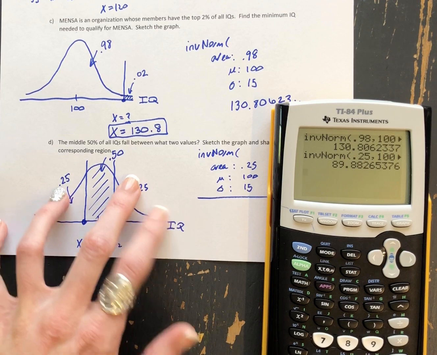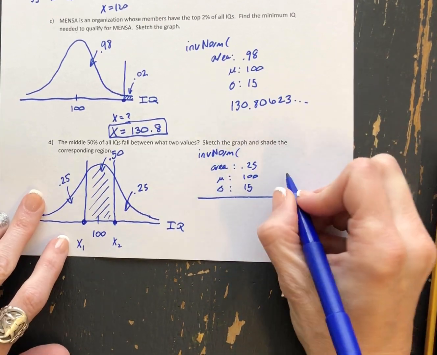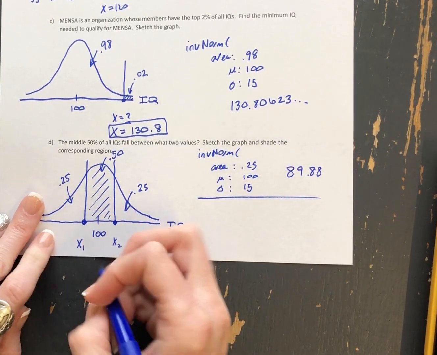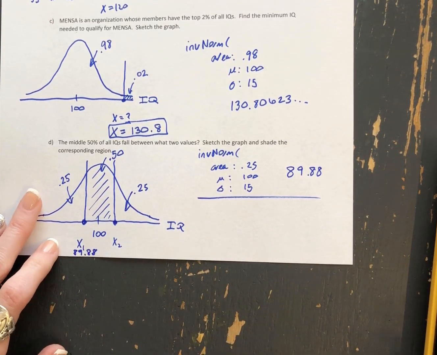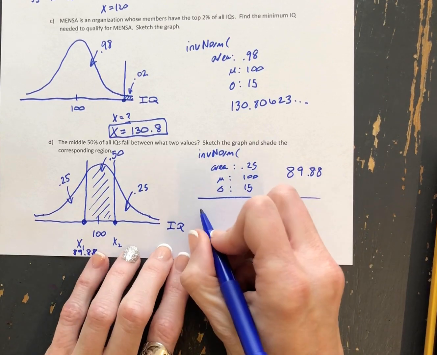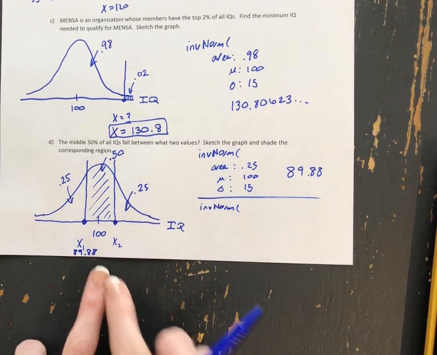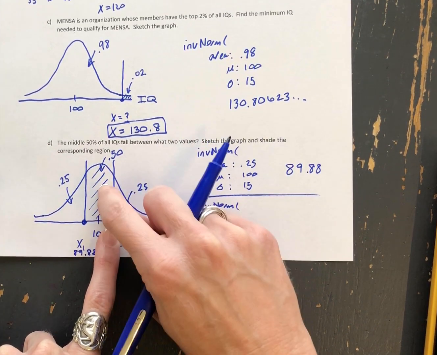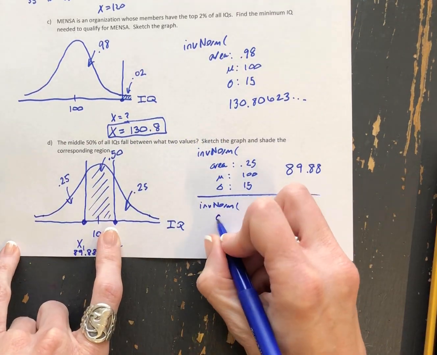And we do that, we get an x value of 89.88. And then when we do it one more time, for x2, this time the area to the left of x2 is this 50% plus the other 25%, so 75%.